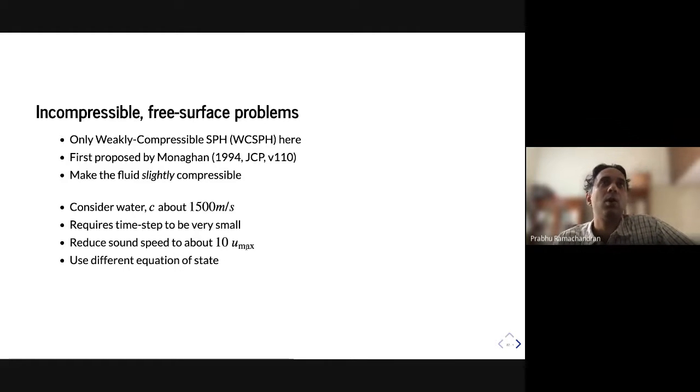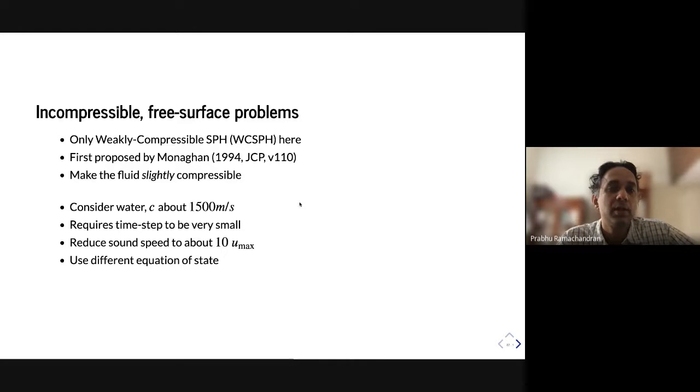So if you look at, say, water, the speed of sound is like 1,500 meters per second, right? And this would require that the time step will be very, very small, right? If you're using an explicit time stepper, which is usually the case in SPH, your time step then becomes restricted to the order of h, which is your particle size, divided by c, which means your time steps are going to be ridiculously small.